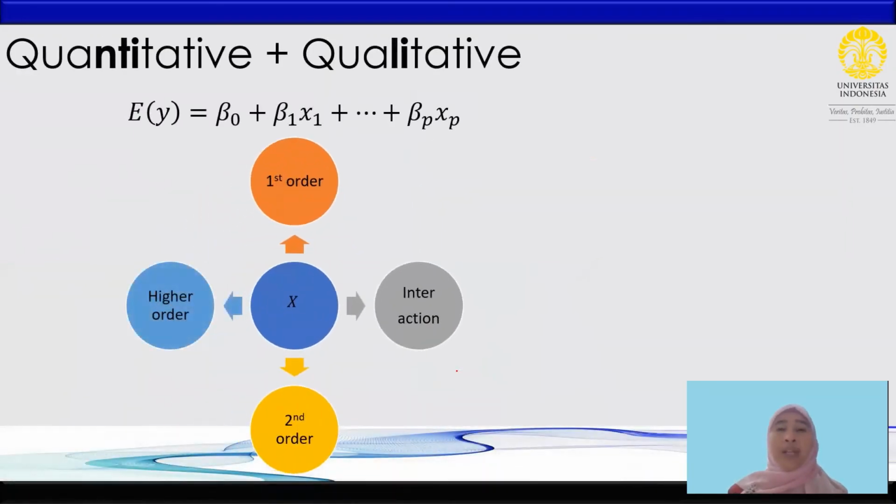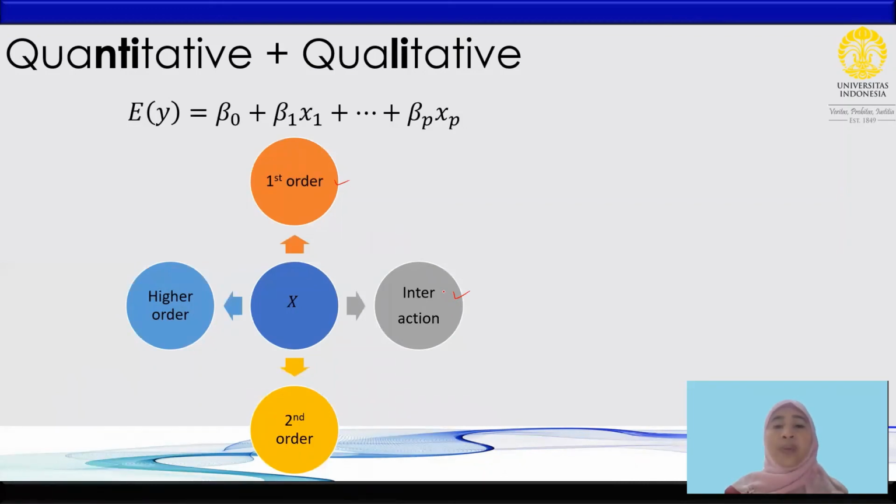And now if we have quantitative and qualitative predictors, a mixture of those two types of predictors in our model, again, the concern is whether it is just the main effect. Is there an interaction? We know how to do the interaction between quantitative predictors, and how to do interaction between qualitative predictors, but now how do we accommodate the interaction between quantitative and qualitative predictors, in case those interactions should be included in the model?